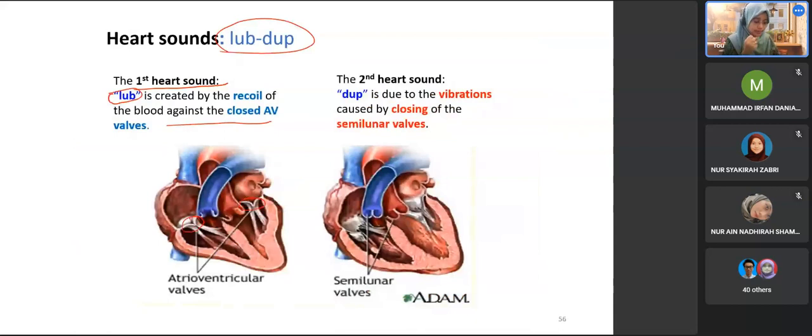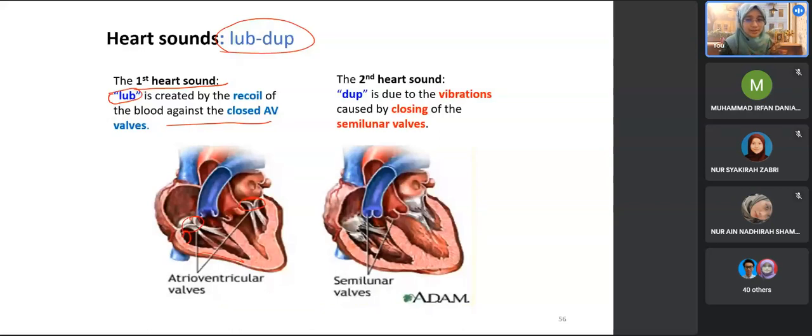AV valve tutup, ventricle contract. When the ventricle contracts, it creates a high pressure inside the ventricle chamber. When there is a high blood pressure in the ventricle chamber, the high blood pressure akan langgar wall of the AV valve ni. Okay, so that is the lub sound.